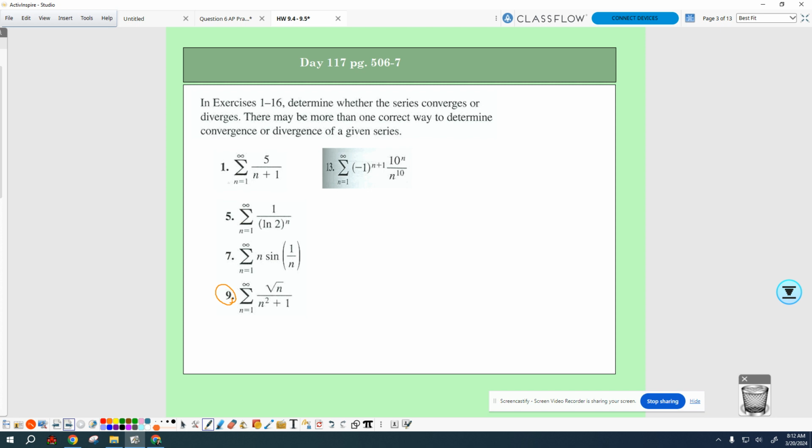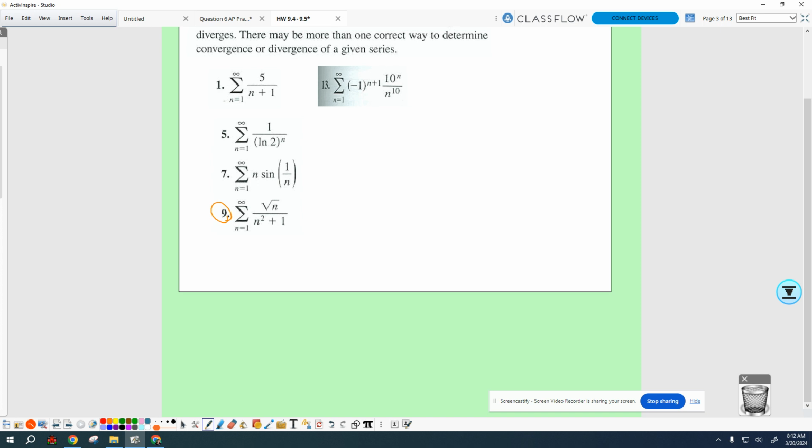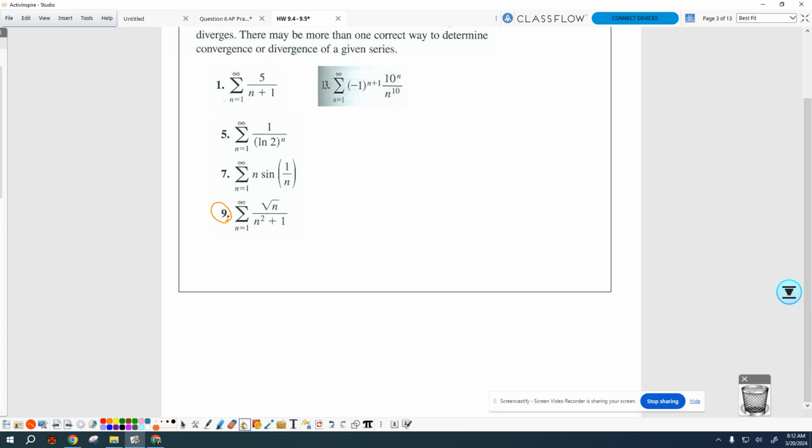Did we do this one before already? Did it in one class? I don't know. Does that converge or diverge? If it's anything other than zero, it's implicitly saying divergent.